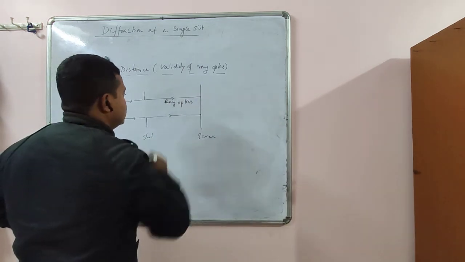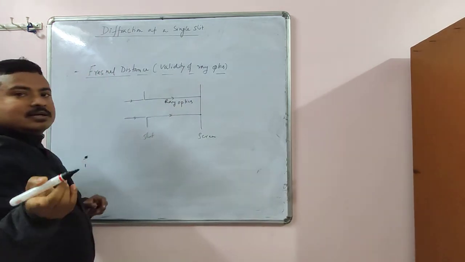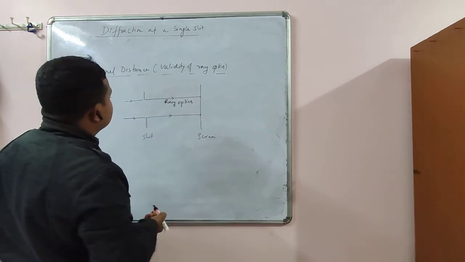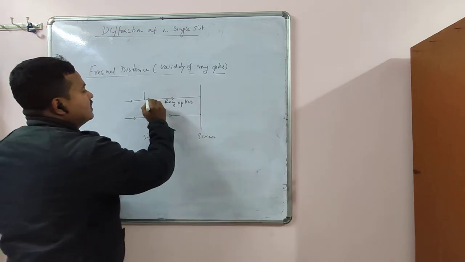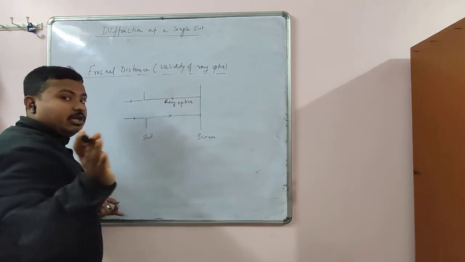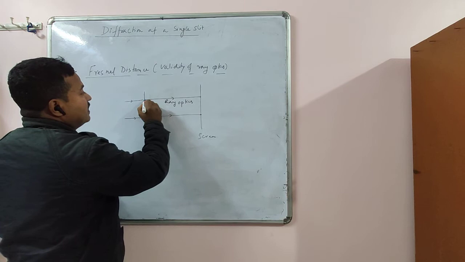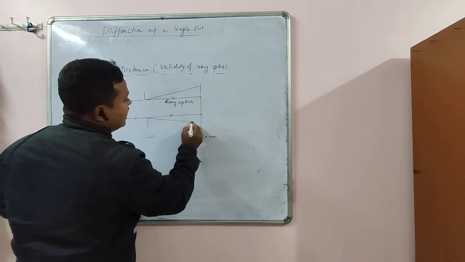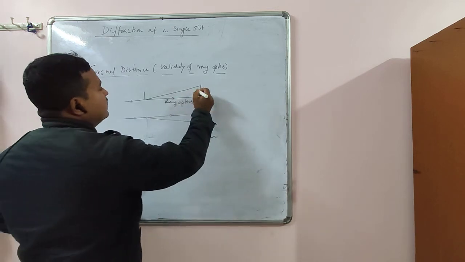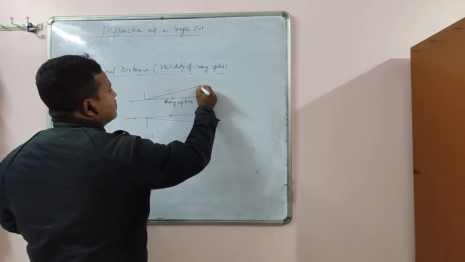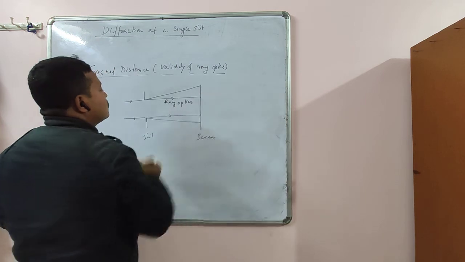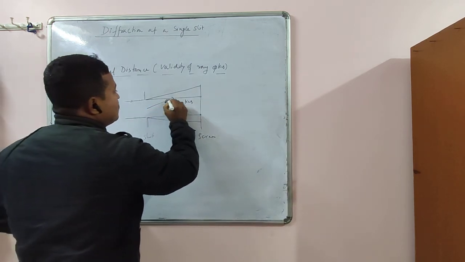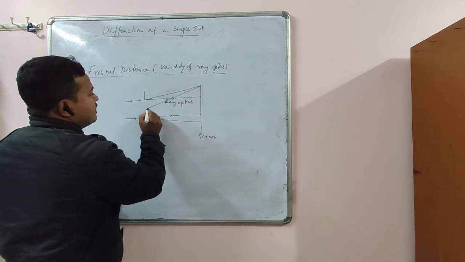But if you assume light is a wave, in that case there will be diffraction, because diffraction is a phenomenon of wave optics, meaning there is a bending of light. So you will get light here, in this region also, and here also. You can have light in this region.